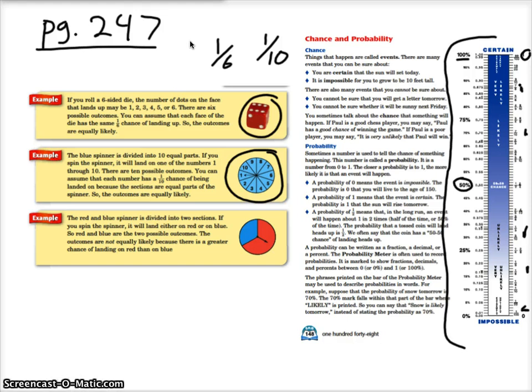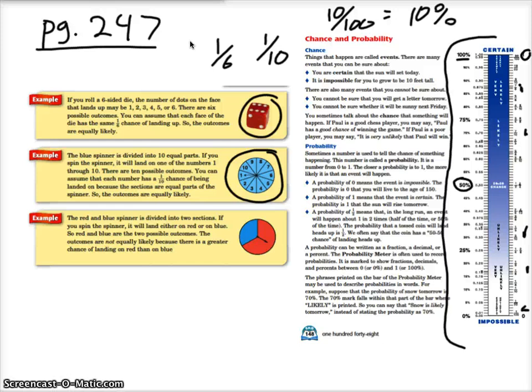Remember, we take our bottom, we want to turn it into 100, so I know to multiply by 10, and when you multiply both the top and the bottom by 10, then you get 10%. We have a 10% chance. Or you could just remember that 1 out of 10 is 10%. That would be good too. So you have a 10% chance of spinning the wheel and getting an 8. Now let me flip the tables. What is the chance, the probability of getting an even number?